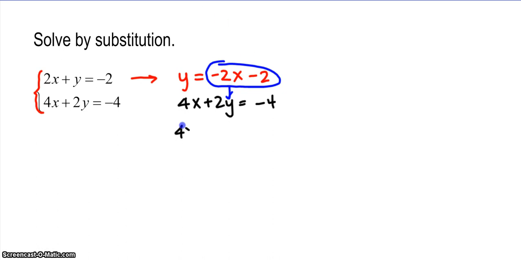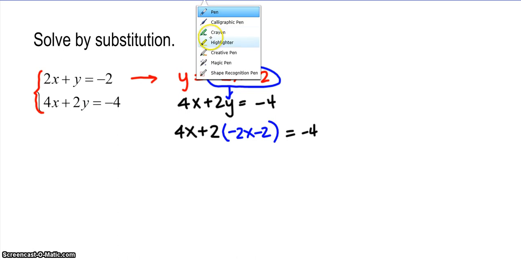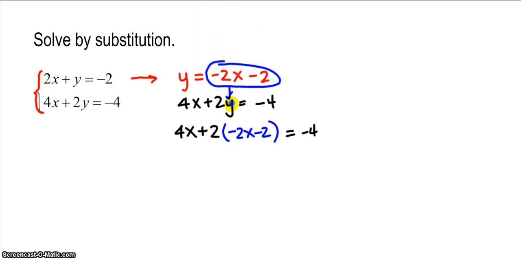So instead of having 4x plus 2y, I now have 4x plus 2 times negative 2x minus 2 equals negative 4. I've replaced y with negative 2x minus 2. So here is my 2y, but it's not 2y, it is now 2 times negative 2x minus 2.